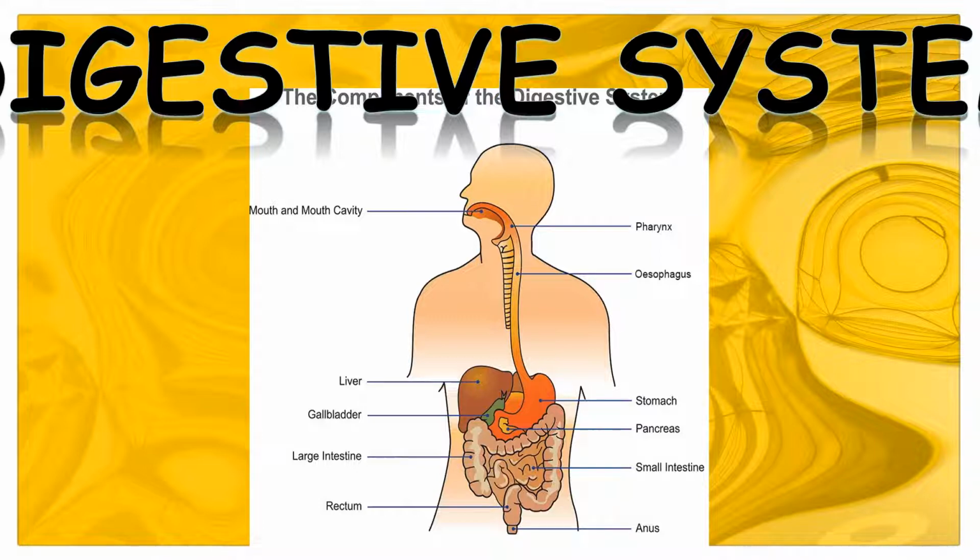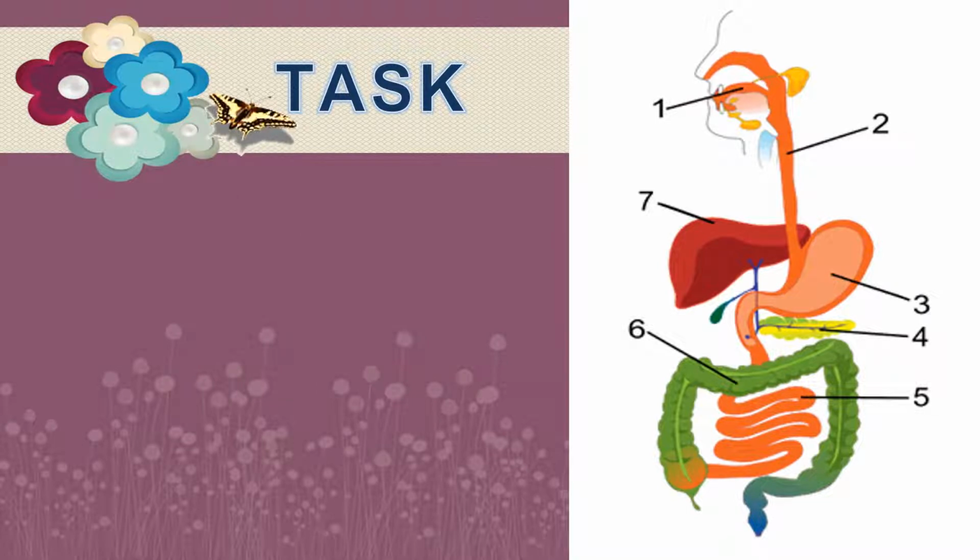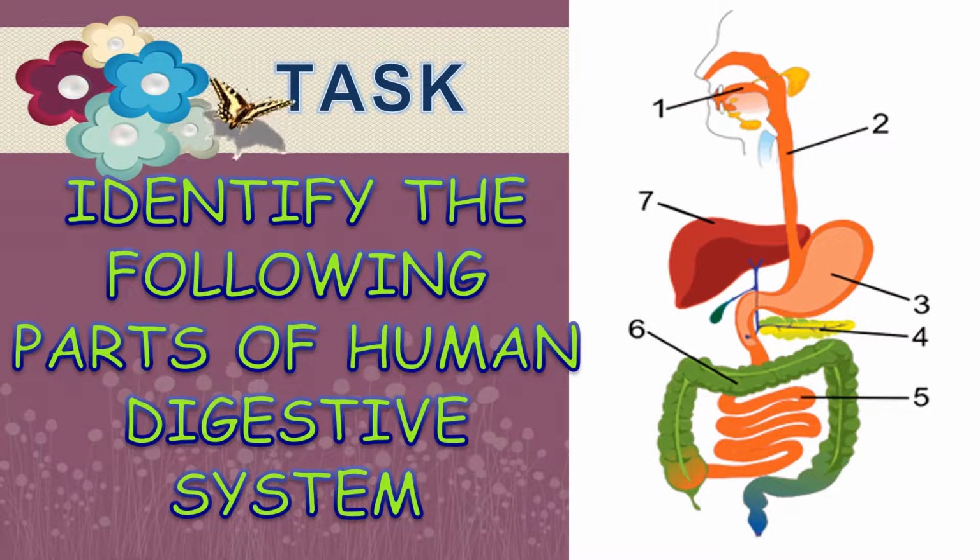These are the various components of digestive system. Now, I am giving you a task. You have to identify the following parts of human digestive system. I will show you the answers of given task at the end of this video.